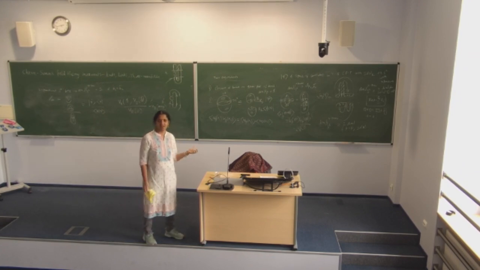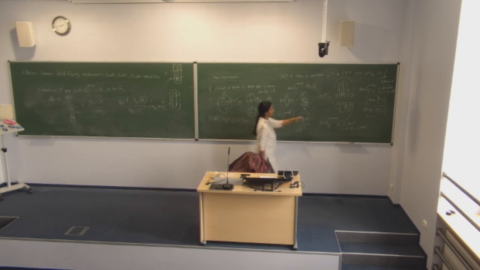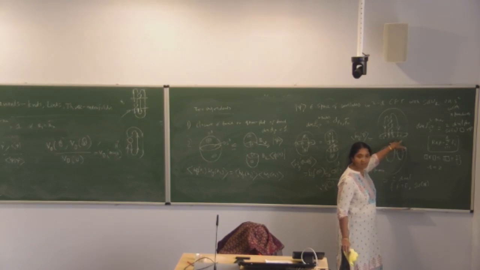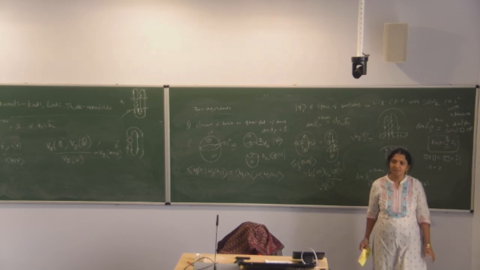Can I get the skein relation is the next question. And we go to the skein relation here. What does this tell me? The dimension of the Hilbert space is two-dimensional for fundamental representation.